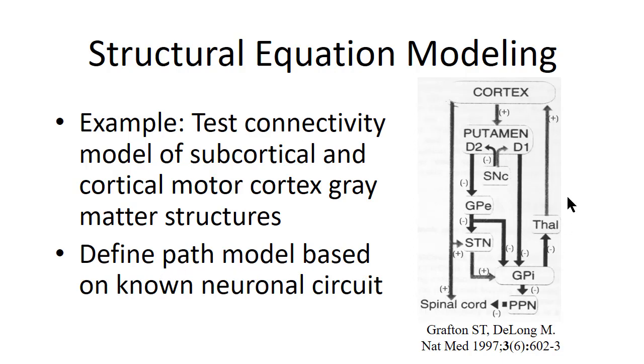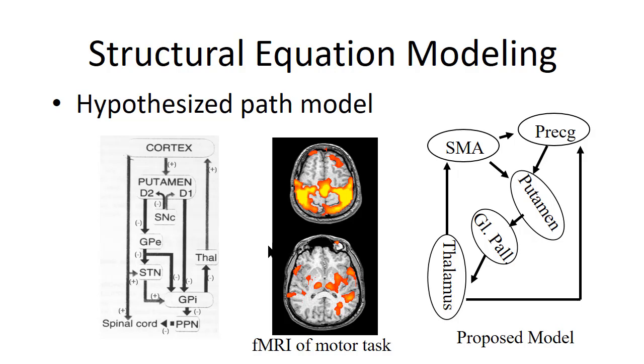Using this, we can define a path model based on the observables that we can get in a resting state data set. Now, we know that if we do a complex finger tapping task, we actually get these regions of the brain that are active.